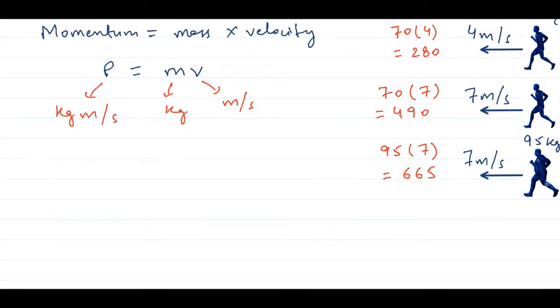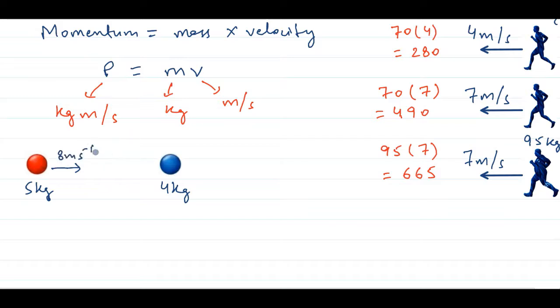Now let's have a look at another example. So let's say you've got these two balls here, and both of them are moving in the opposite direction. Let's say the first ball here has a mass of 5 kilograms. The second ball here has a mass of let's say 4 kilograms. The first one is moving towards right at 8 meters per second.